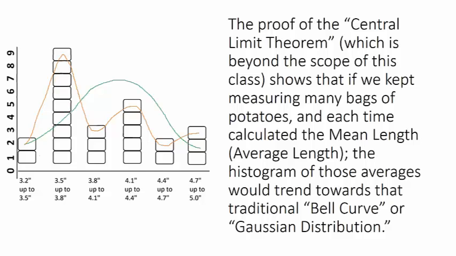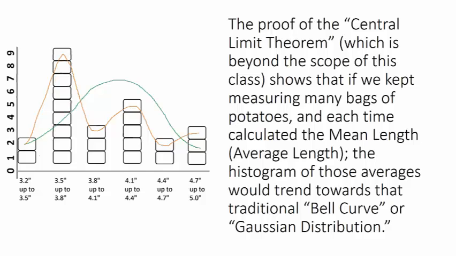It shows that if we keep measuring many bags of potatoes, if we take many sample sets, each with, let's say, 25, maybe 50 potatoes each, you just go ahead and take many bags. And every time we take a new bag of potatoes, we calculate the mean length, or the average length, of all the potatoes in that bag.